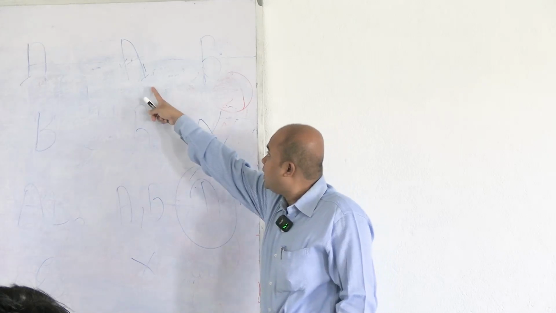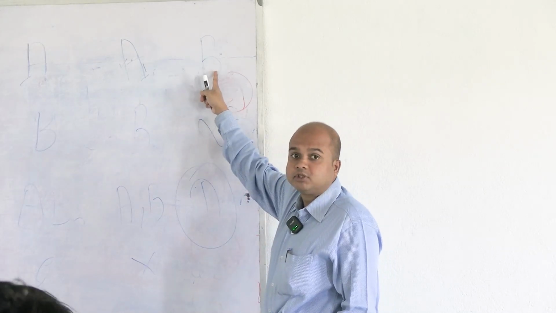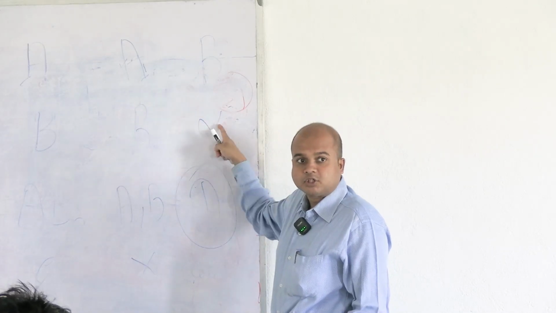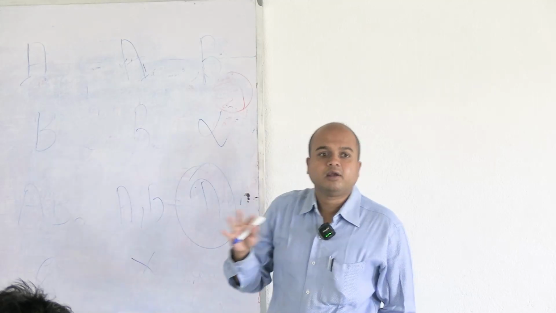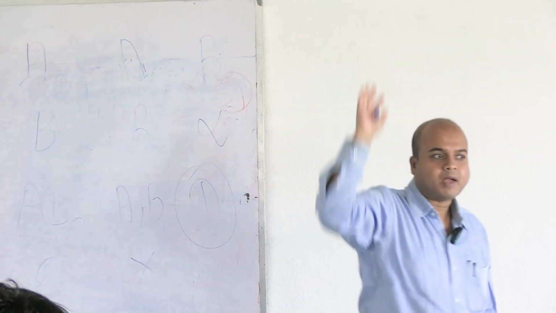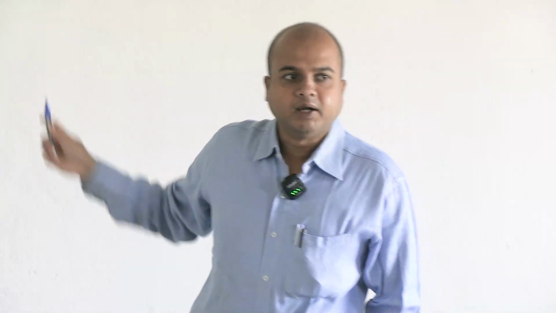And remember, A has a corresponding agglutinin beta, B has corresponding alpha. Landsteiner's law was described far back in 1900, almost 40 years before the RH system was described, and Landsteiner established that there is some corresponding agglutinin which will not be present. But capital D agglutinogen does not have any corresponding agglutinin.